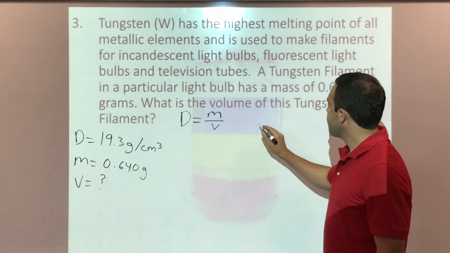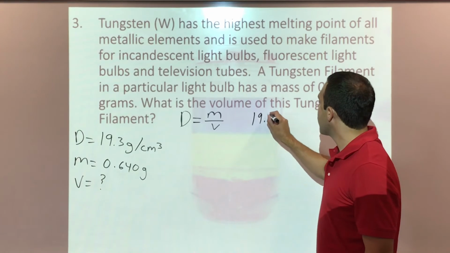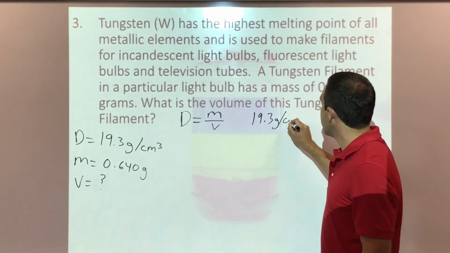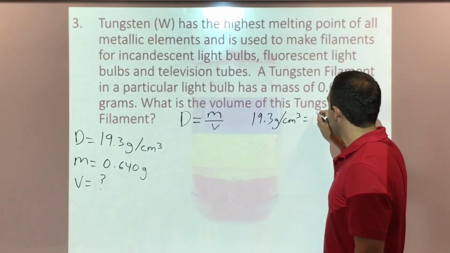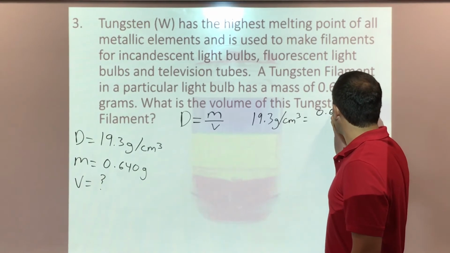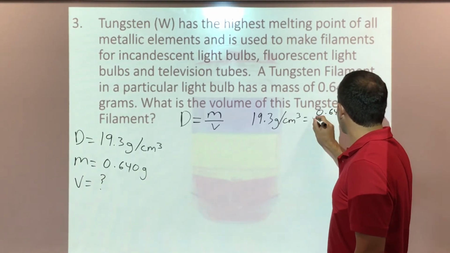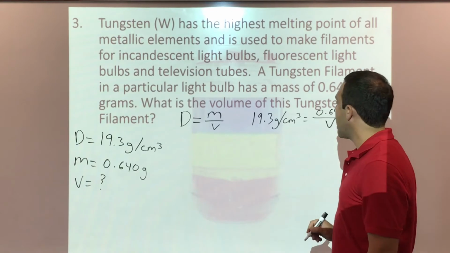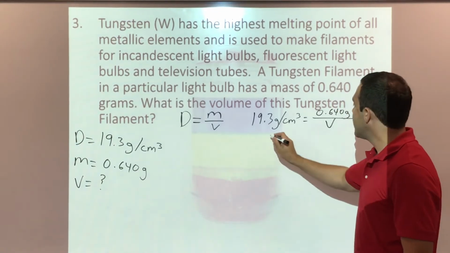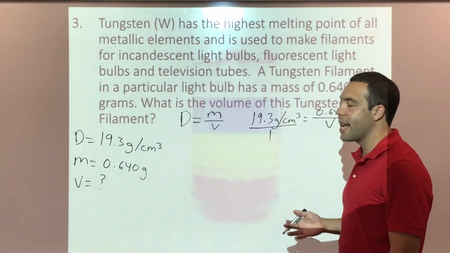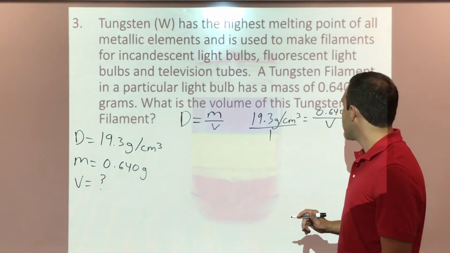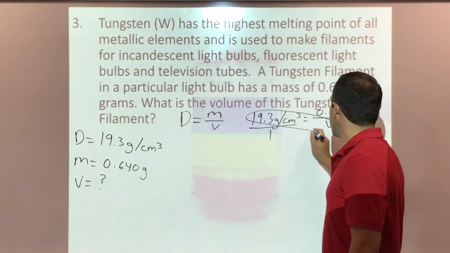Next, we plug in density, 19.3 grams per cubic centimeter, equals mass, 0.640 grams, over volume, which is our unknown. Next step, with the density, the 19.3 grams per cubic centimeter, over the number 1, and we cross multiply.